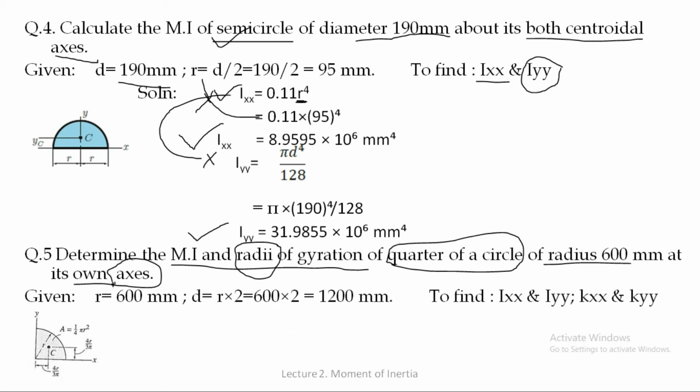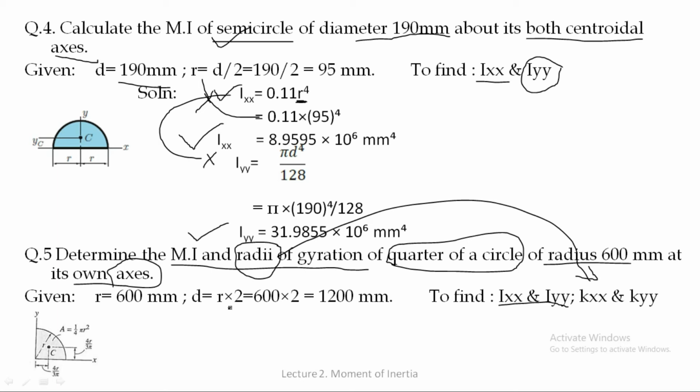So what do we have to find? We have to find the moment of inertia about the x-axis and the y-axis, about the two axes. And in case of radius of gyration, we also have to find it about the two axes, that is, we have to find Kxx and Kyy. In the given data, you might be wondering why I have written diameter.